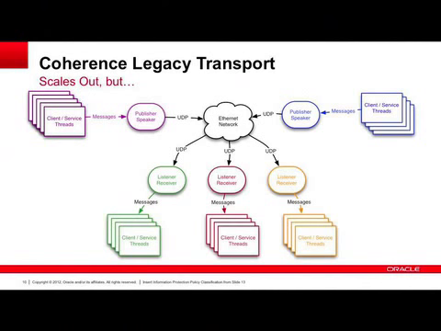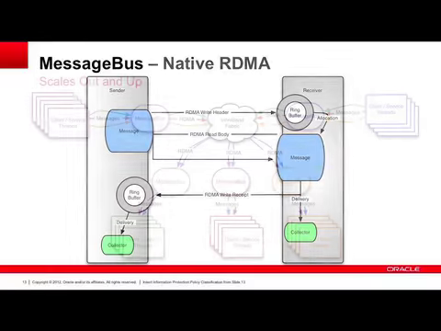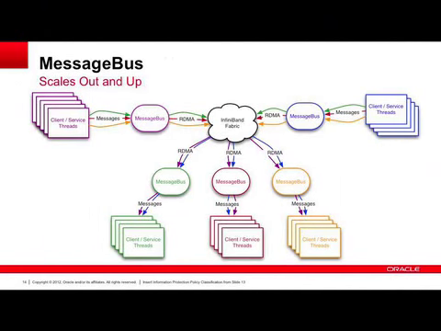With MessageBus, and this diagram shows specifically the RDMA implementation, but this is true of all the implementations, we now have a dynamic, configurable number of threads handling this. Logically speaking, we have a separate channel, a separate bus to exchange messages for each service.